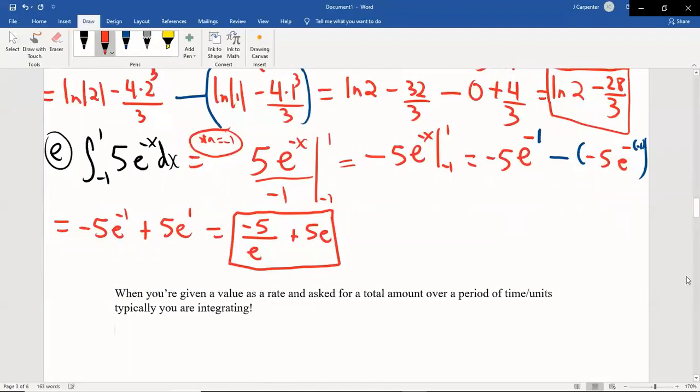In other words, a total accumulation at a rate f of x from a to b.